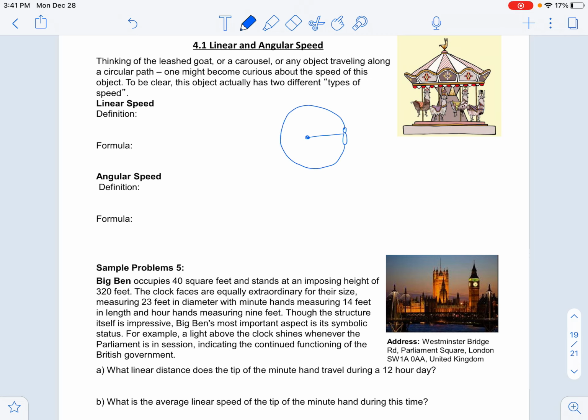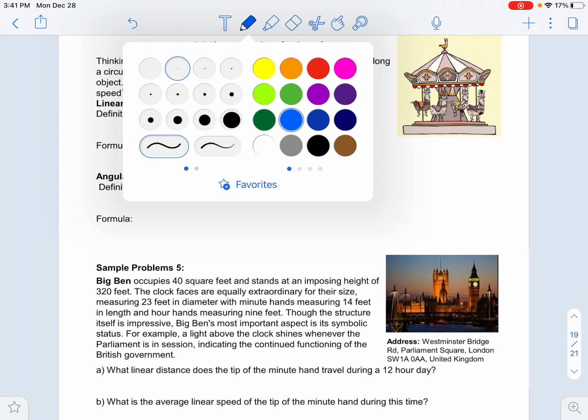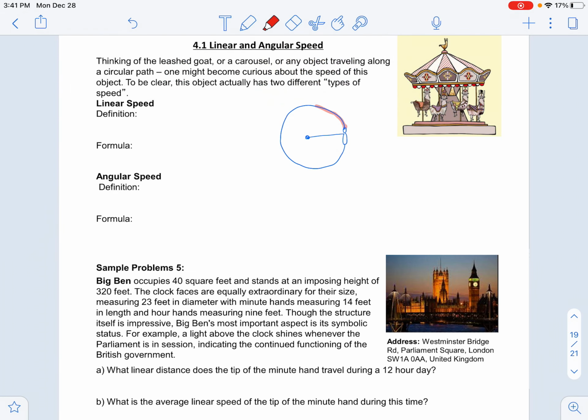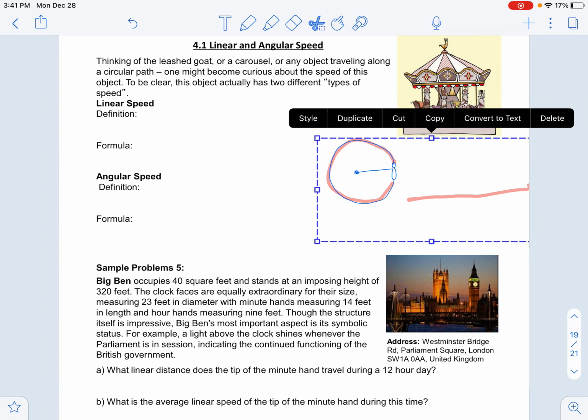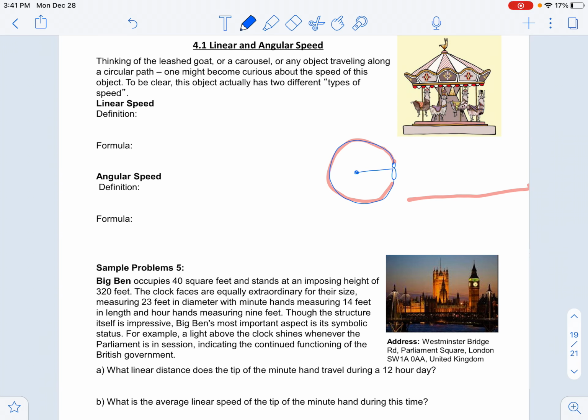So there are two kinds of speed. One is considered linear speed, and that would be how far did the goat travel if he was traveling in a line. So this over that is the linear speed. It is how far did someone travel if they were traveling in a line, which means basically how fast are they traveling in a line.